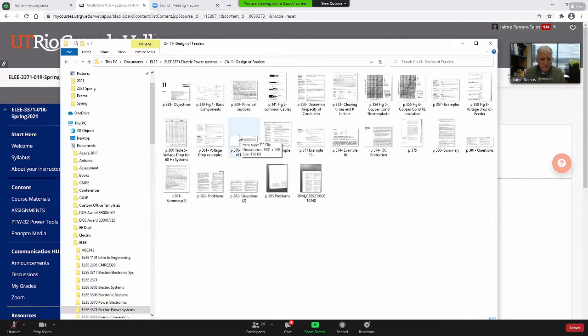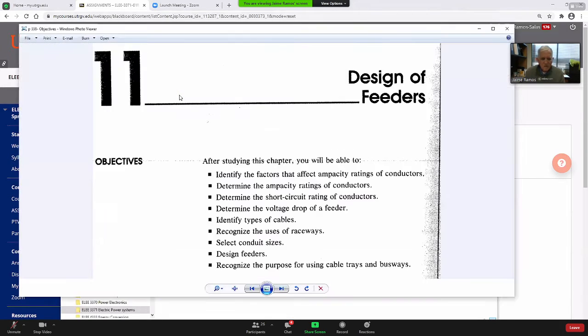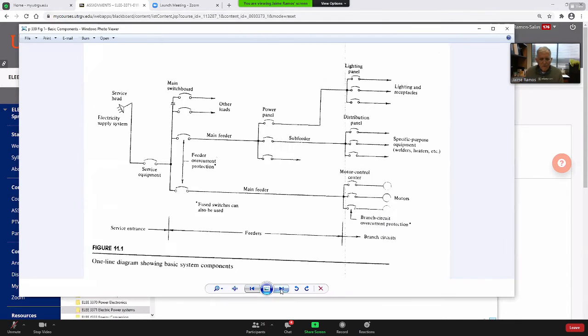The chapter, feeders. So here are the classifications of feeders and branch circuits.